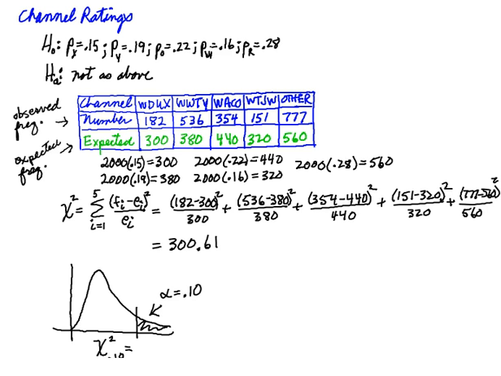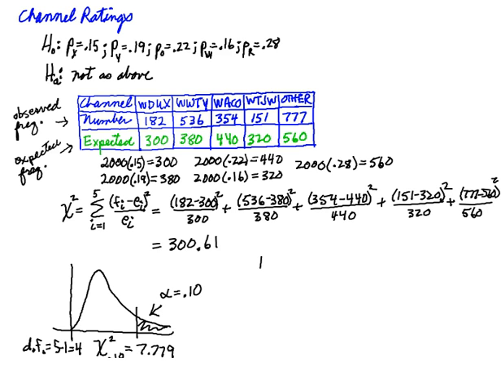And so looking at the chi-square table, my degrees of freedom is k subtract 1, so my degrees of freedom is 5 subtract 1 equals 4. So I need that value in my table, and looking in column 0.10, I get a critical value of 7.779.